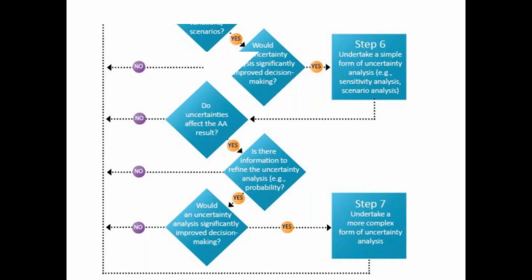In that case, we have to ask another question: is there information to refine the uncertainties? Based on the sensitivity analysis, we conclude that we cannot really make a meaningful conclusion out of this. In that case, we need to collect additional information. So would an uncertainty analysis significantly improve the decision making?